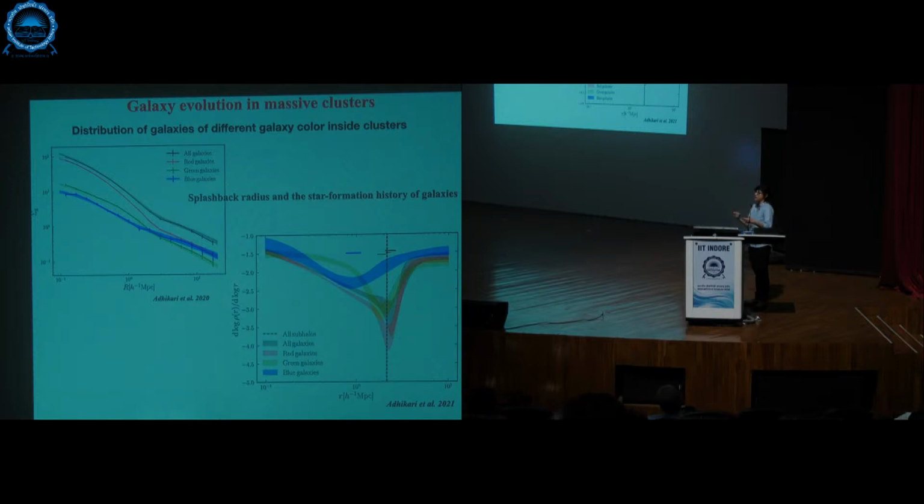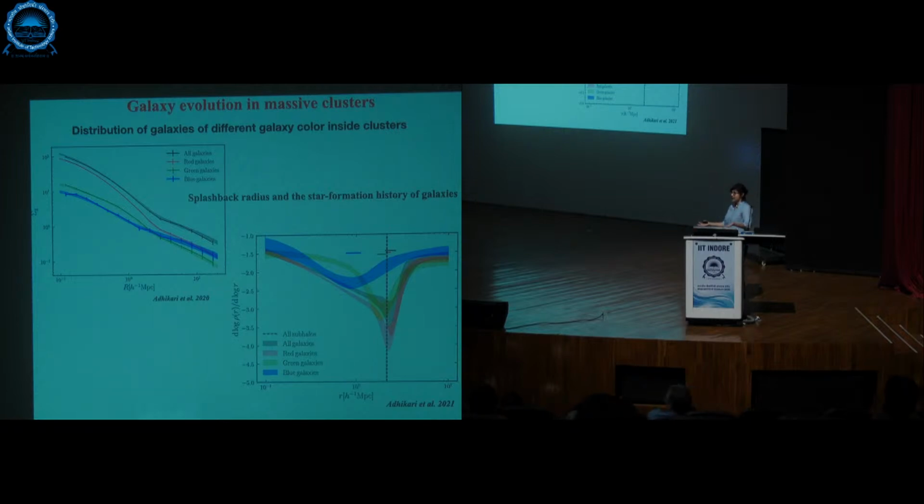We can try to measure the correlation of this feature with accretion rate and try to measure the ages of halos, for example. But one of the things that I've been involved with is working to use this feature to study galaxy evolution in massive clusters. Essentially, our work and several other works have also been looking at the splashback radius as a function of galaxy color.